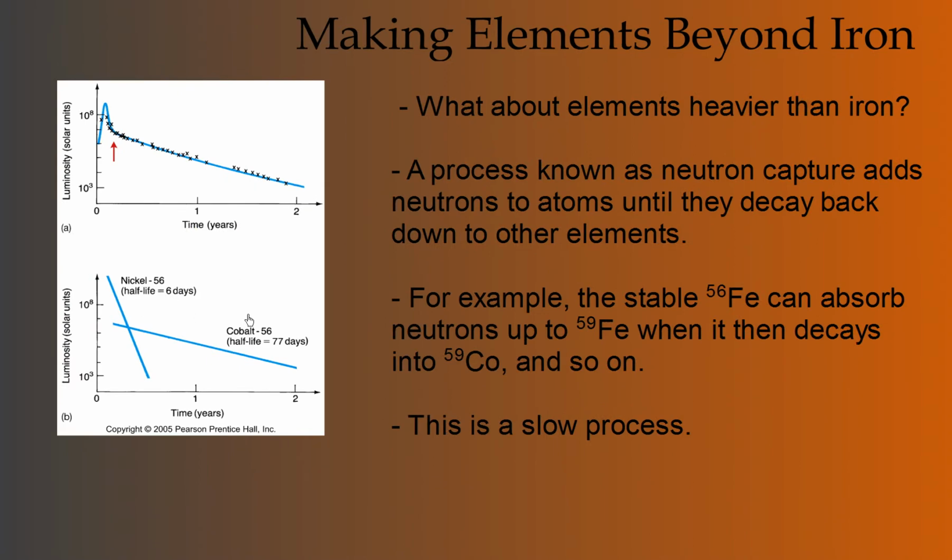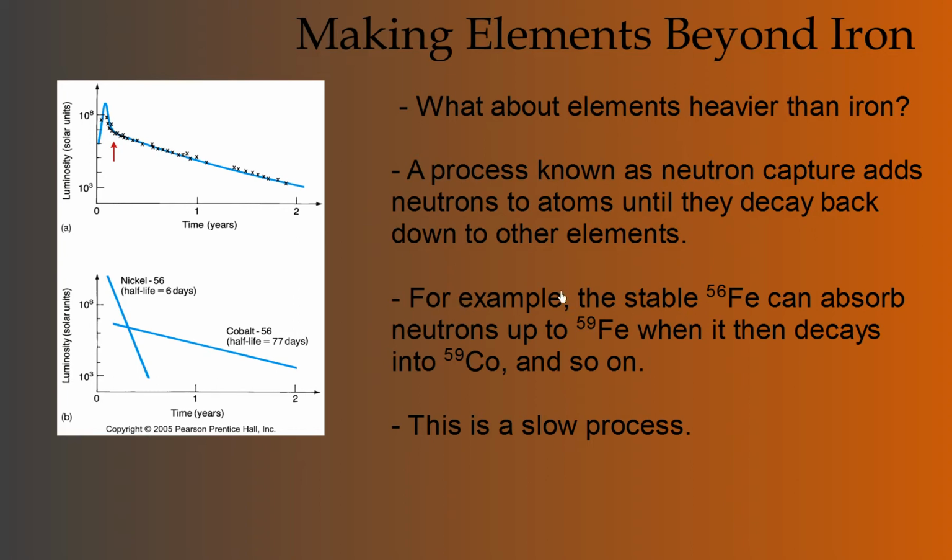But beyond iron, we need some other processes that normal fusion can't take care of in the star. One of them is known as neutron capture, where neutrons are added to an atom. Of course, that doesn't change what the atom is, because you have to add protons to change that. But you keep adding neutrons, and eventually it'll decay, and one or two of those may turn into a proton and make a new element.